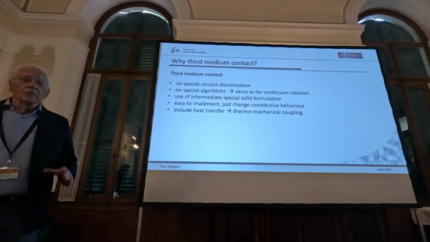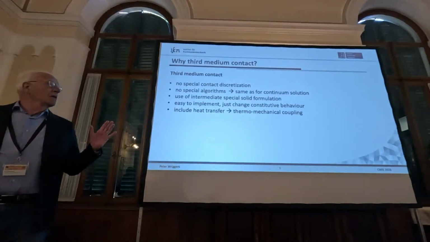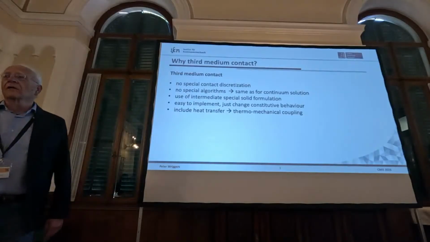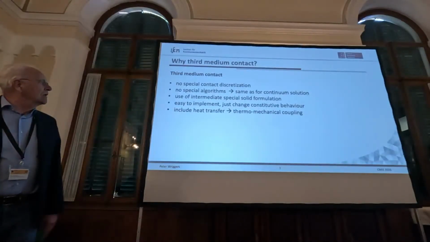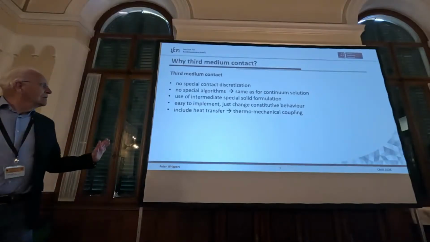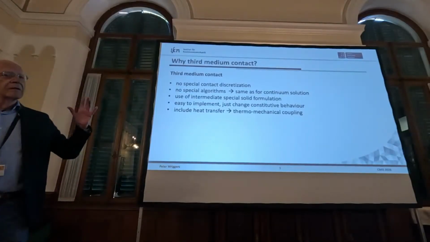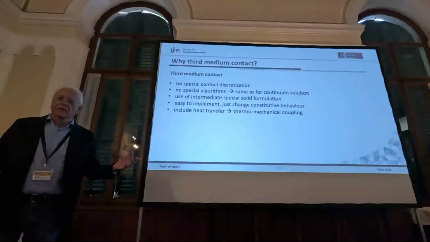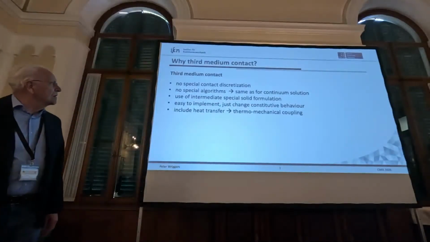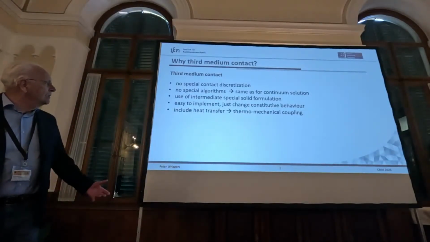Now, if you use a third medium, then what happens is you don't need a special contact discretization. You do not need any special algorithms. You have additional work because you have to somehow discretize this intermediate special medium.